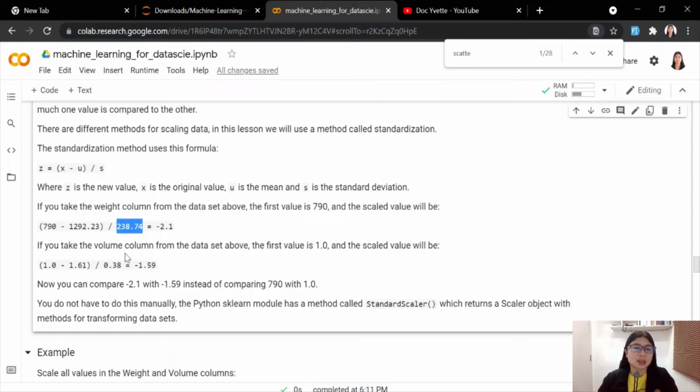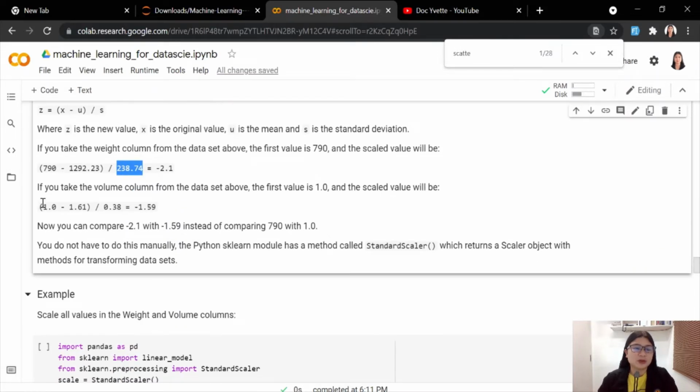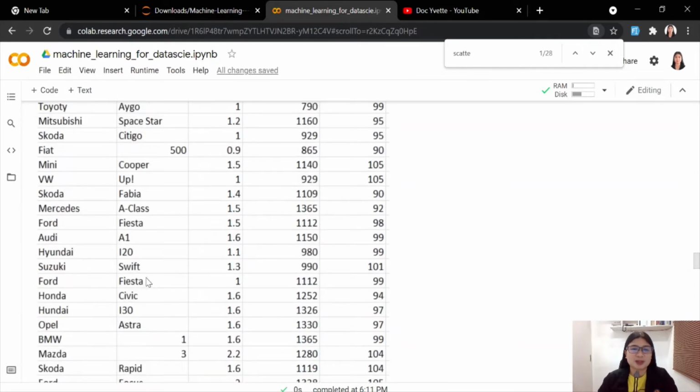Then we will have the standardized or scaled value. If you take the volume column from the data set above, the first value is 1.0, and the scaled value will be 1.0 minus 1.61, divided by 0.38, so the new value is negative 1.59. So we can compare negative 2.1 with negative 1.59 instead of comparing 790 with 1.0.